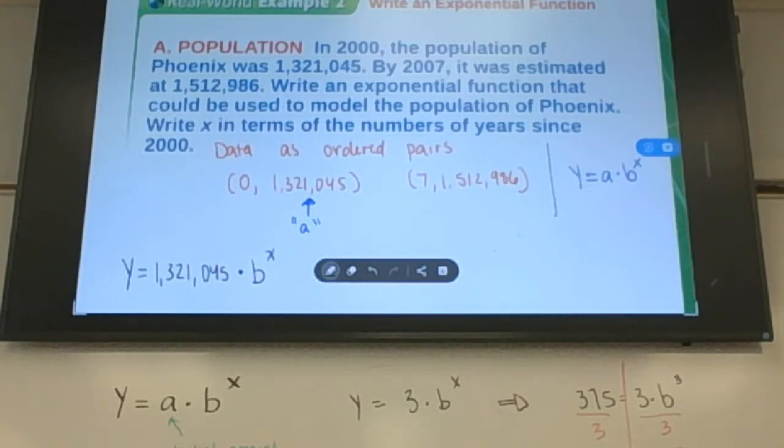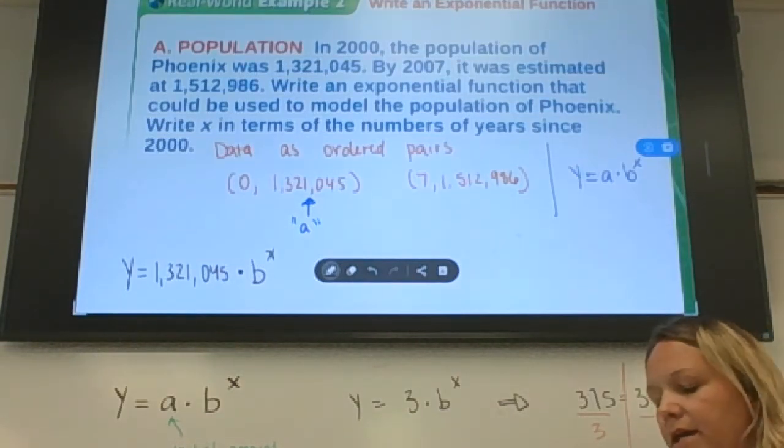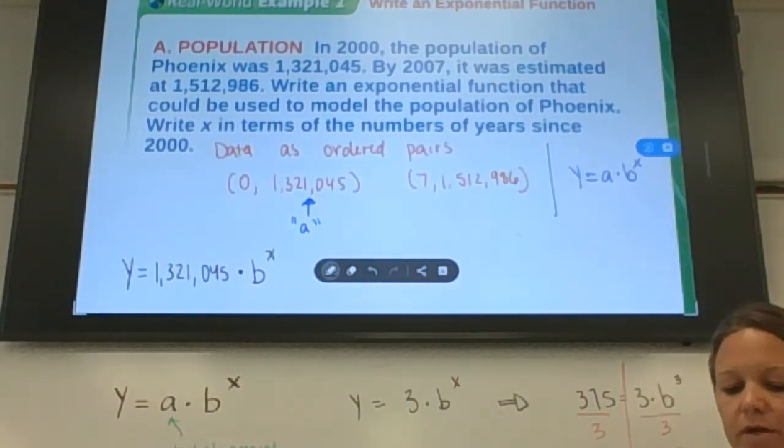Okay, so same steps. We plugged in the y-intercept for A. Now we're going to use the second point: 7 is our x, and 1,500,000 and so forth is our y.